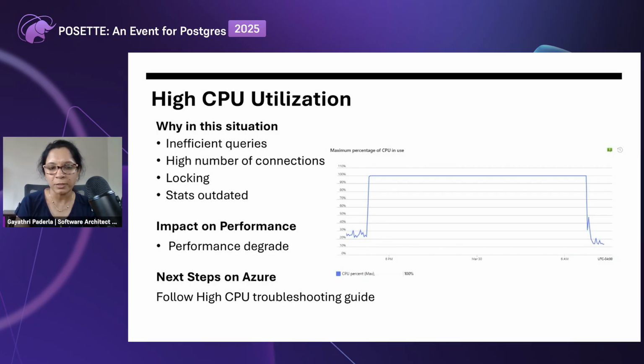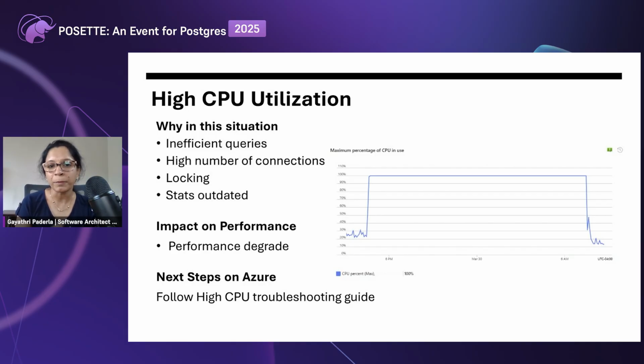Why do you get into this situation? It is mostly if you're running inefficient queries, which use too many CPU resources, or you have a high number of connections hitting the server, or you have too many heavyweight locks happening because of the queries being run, again the inefficient queries.